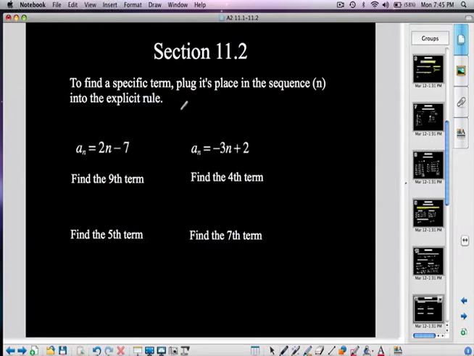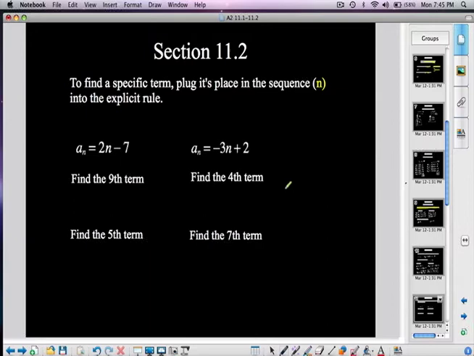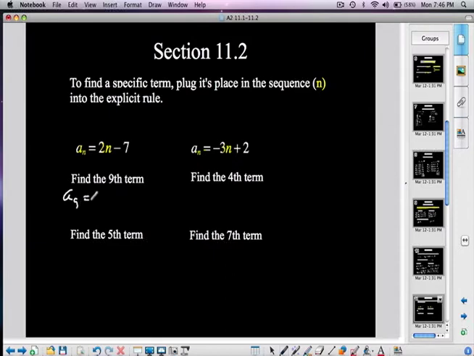If I want to find a specific term when I know the explicit rule, I plug its place in the sequence, that's the n, into the explicit rule. It would go wherever n is. So if I want to find the 9th term over here, I know that a sub 9 will be equal to 2 times 9 minus 7.